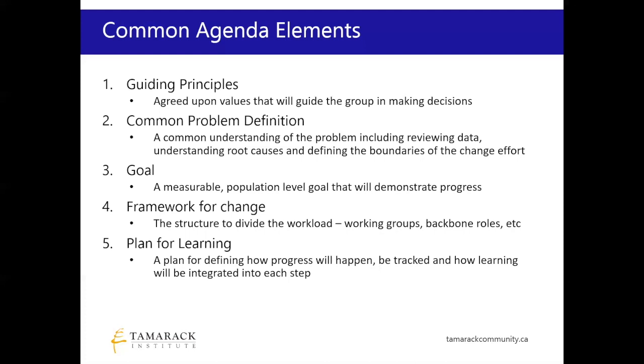And so a plan for learning really means that you can not only observe progress as it's happening and figure out how to track it, but let's say an opportunity comes forward, you can figure out whether it is time for us to pause now, reflect on what just happened, and then integrate better practices into our process as we go. And that's really what a plan for learning is all about.